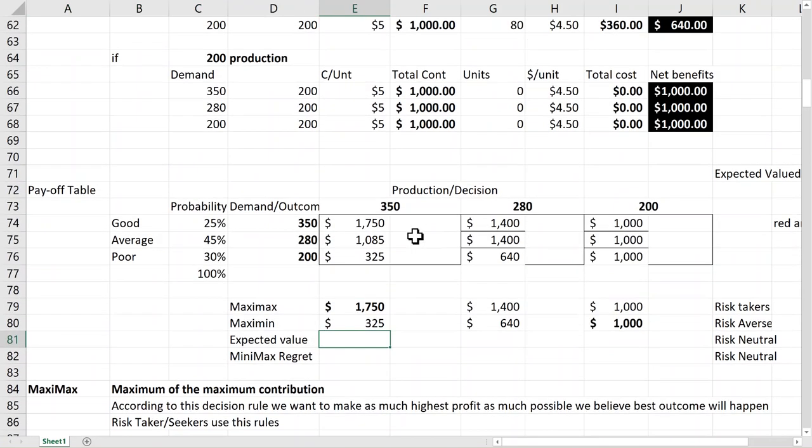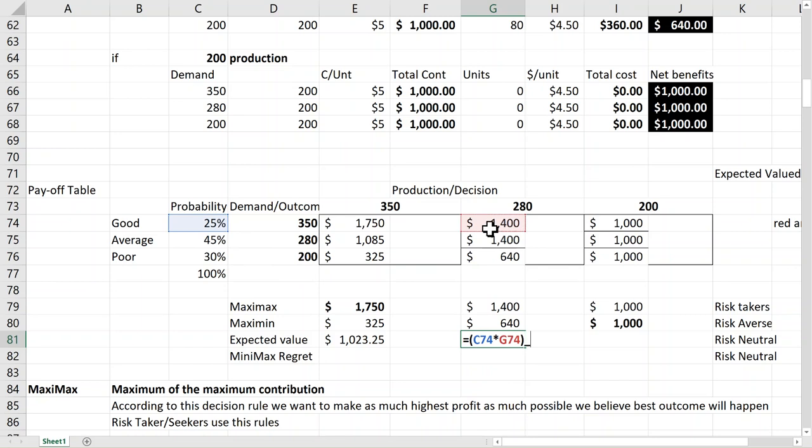Okay. So taking the outcome, multiply by the percentage, all three of them. So the average return of this one is 1023. Let's look at the others.